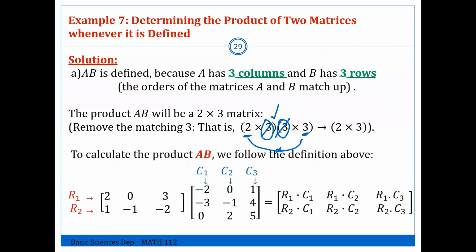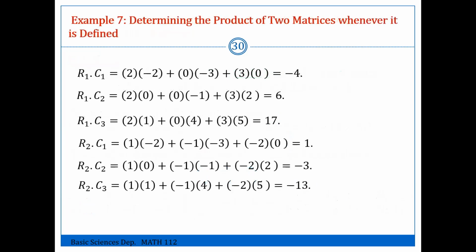And then you use rows times column. So row 1, column 1, row 2, column 1, row 1, column 2, and so on. And this is the calculation. So it's long, but we don't have the choice. You have the choice since you are lucky, you have the calculator.